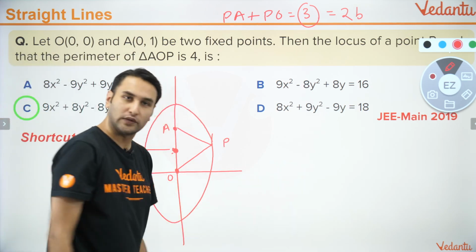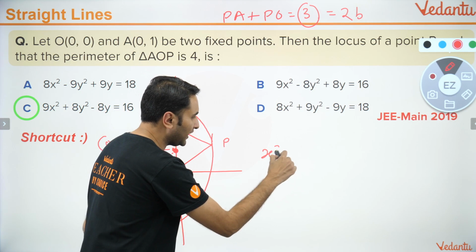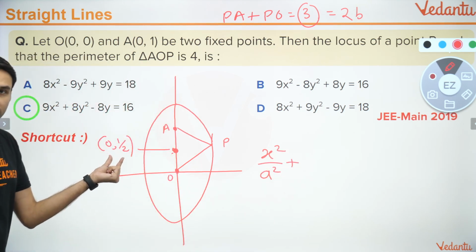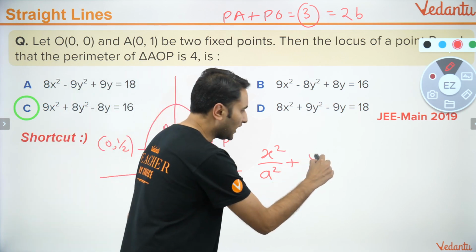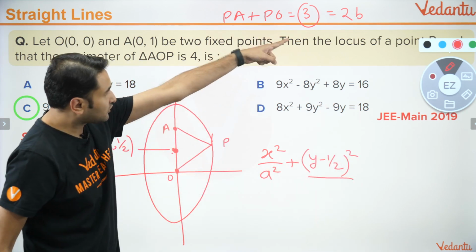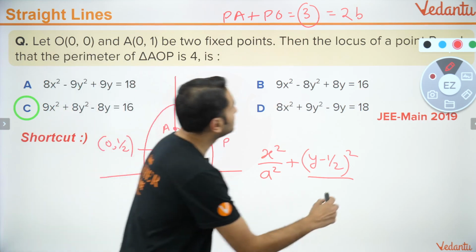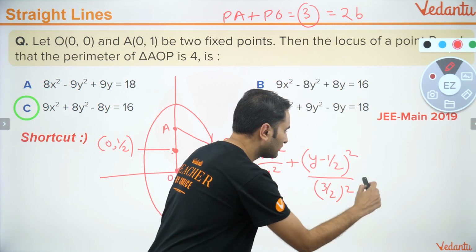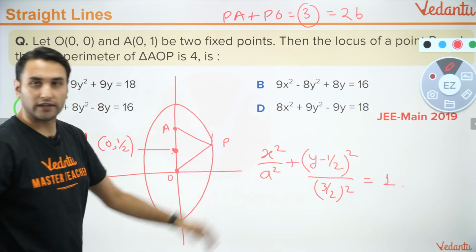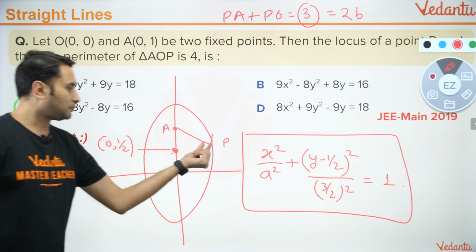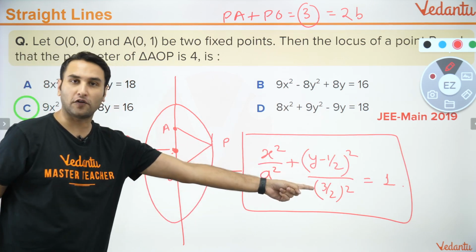It is of the form x square upon a square plus y minus half whole square upon b square. बच्चों b कितना हो जाएगा? 3/2, is equal to 1. This is the equation of the ellipse. This is the answer. This P का locus will be the ellipse of this form.